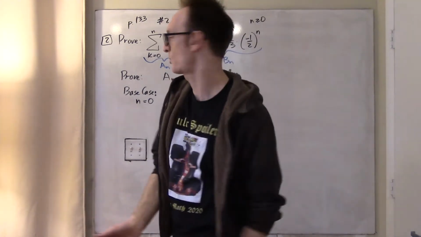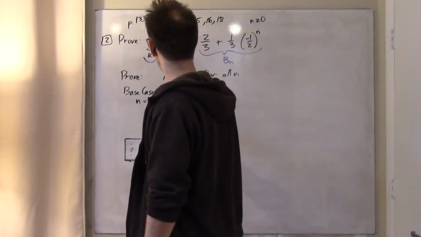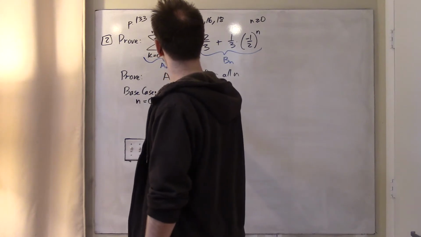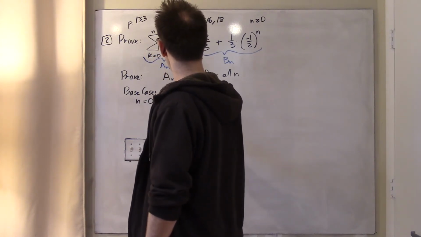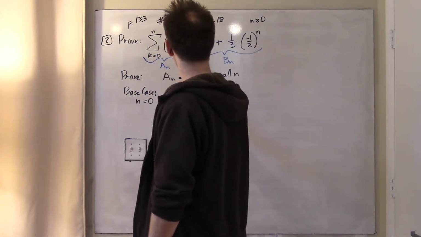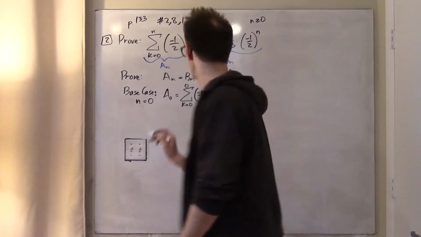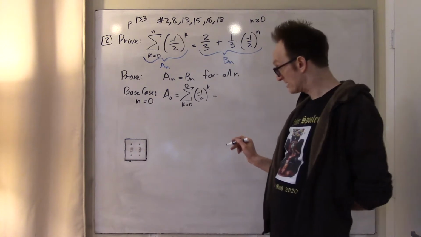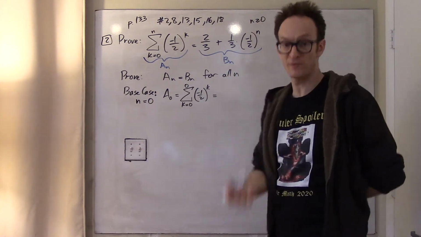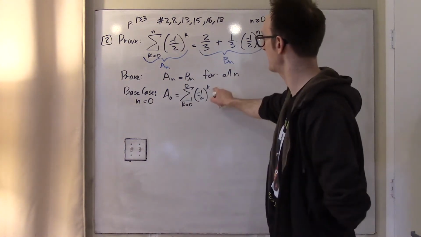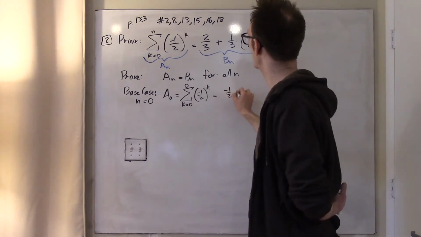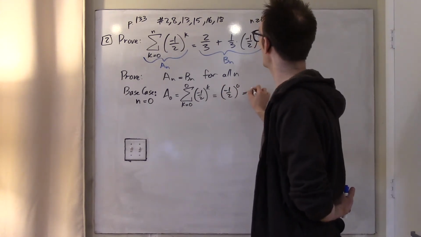Technically speaking, A sub 0 is the sum from k equals 0 to 0 of (-1/2)^k, which is just a sum of one term. k only gets to be 0, and so it's (-1/2)^0. So it's just 1.